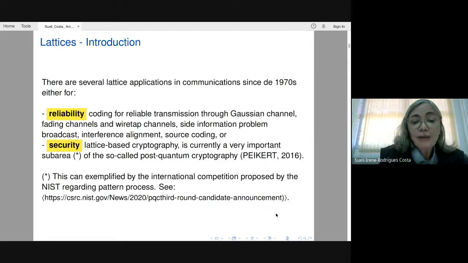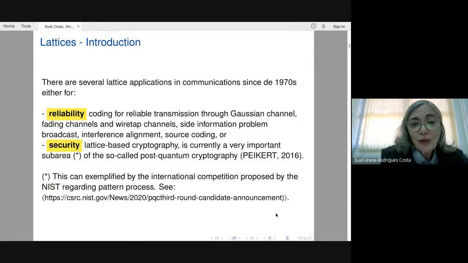So, one topic which is quite recent is the so-called lattice-based cryptography, which is currently a very important subarea. I will talk about this a little bit later.